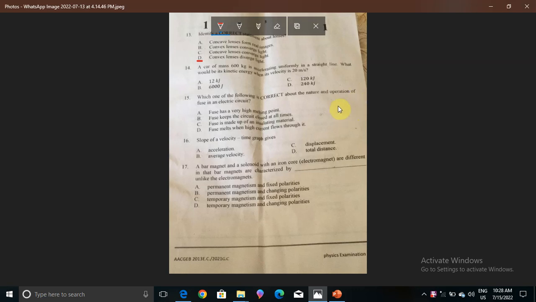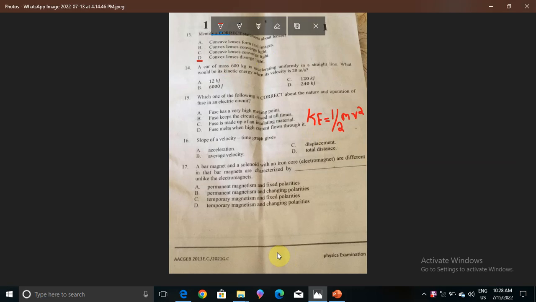First of all, the formula of kinetic energy is equal to 1/2 times mass times speed squared. Now we have the speed, which is 20, and we have the mass, which is 600 kilogram. So we need to find kinetic energy.